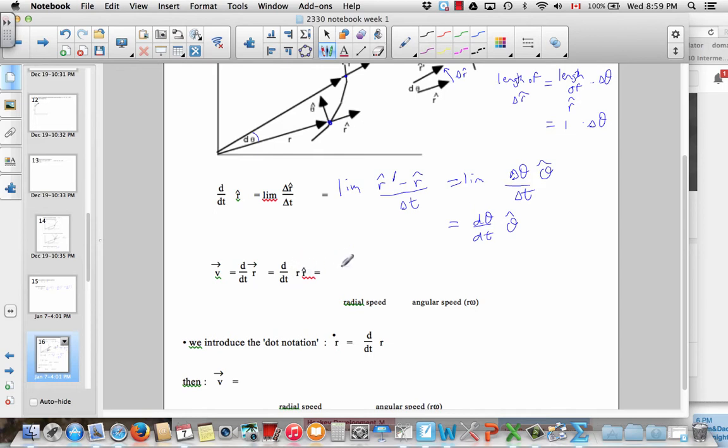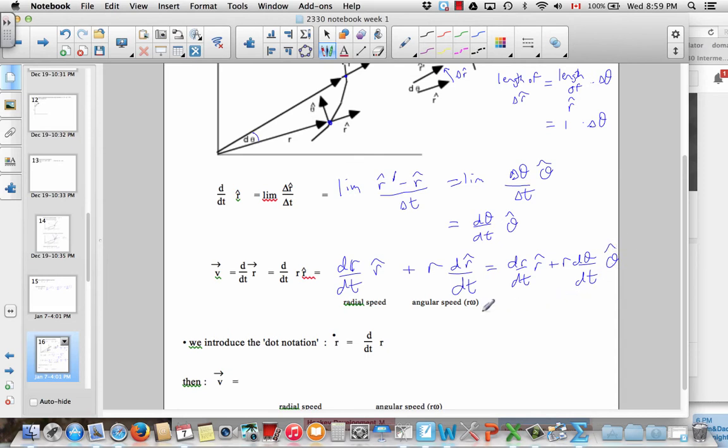Recall that we had gotten this far: dr dt r hat, and then r times dr hat dt. Now we can say that dr hat dt is d theta dt in the theta hat direction.